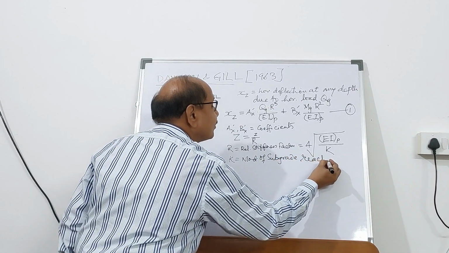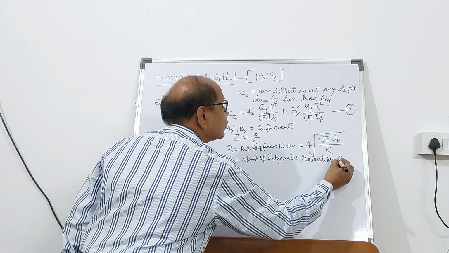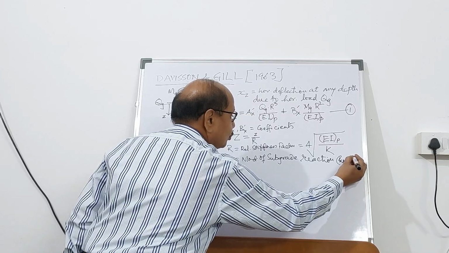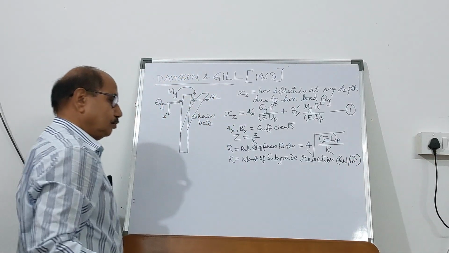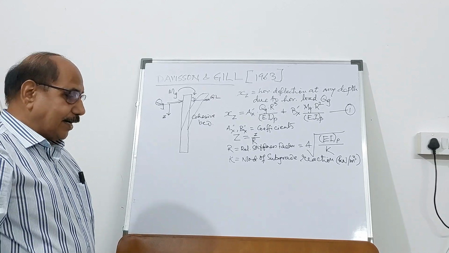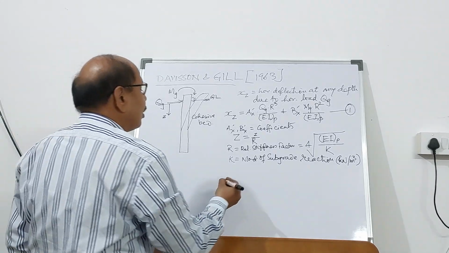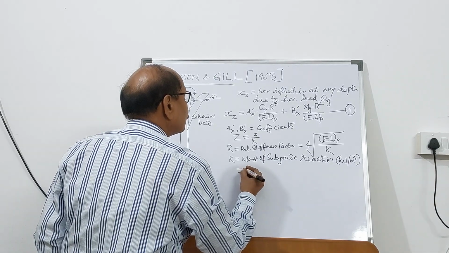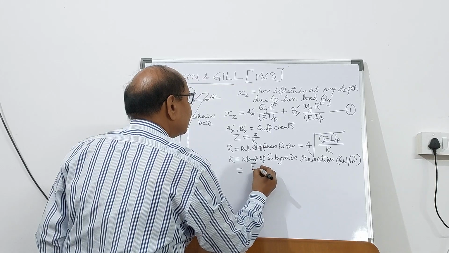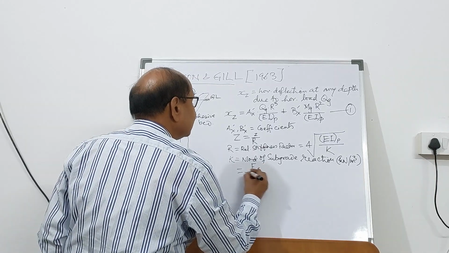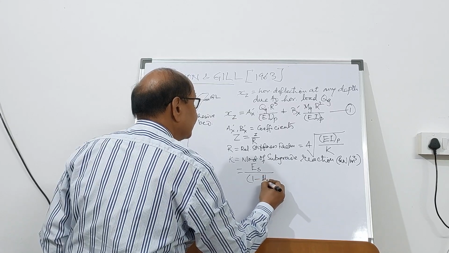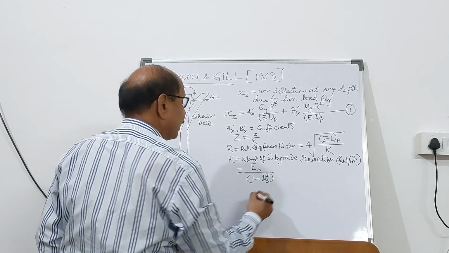The modulus of subgrade reaction, its unit is going to be kilonewton per meter square per meter or kilonewton per meter cube. This modulus of subgrade reaction can be easily found out by knowing the Young modulus of the soil, Es, divided by 1 minus Poisson's ratio of the soil squared.